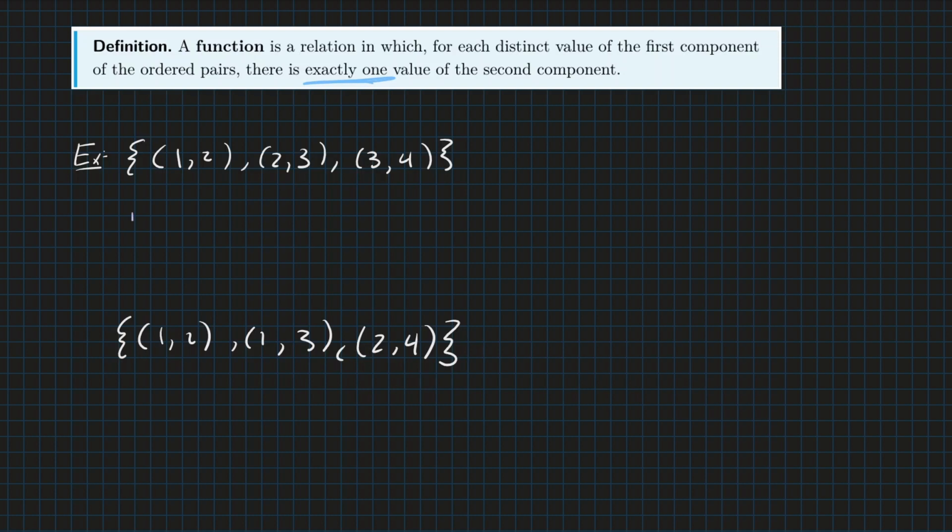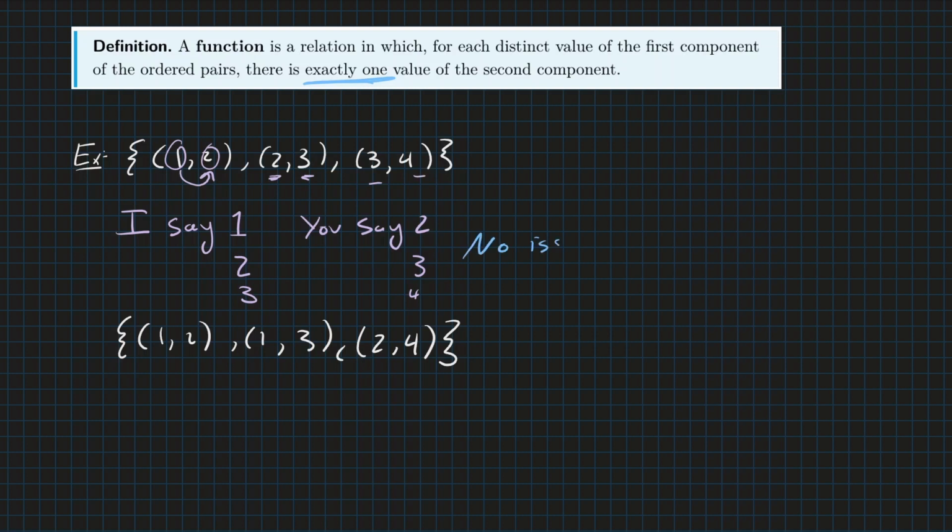So in this first relation, if I say 1, you will distinctly say 2. If I say 2, you say 3. And again, if I say 3, you'll say 4. There are no issues with multiple outputs.